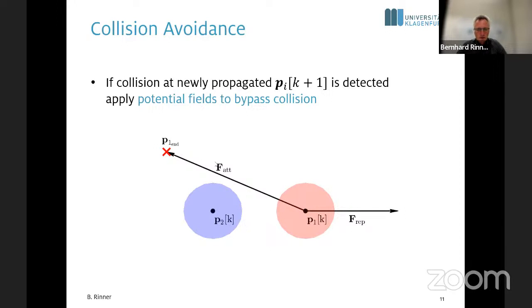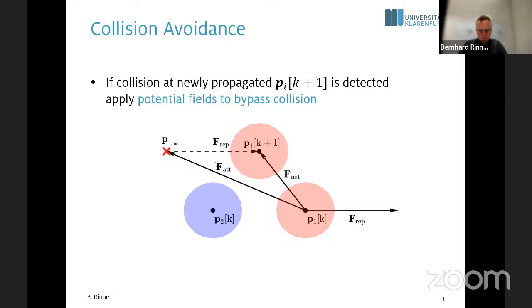The attractive force, indicated here in this figure, wants to move the agent P1 towards its end position P1, and the repulsive force wants to push the agent away from neighboring agents like P2 here, the blue one. So we slightly adapt the plan so that we do not end up with an intersection between the safety bounds indicated by the red and blue circles of the drones.